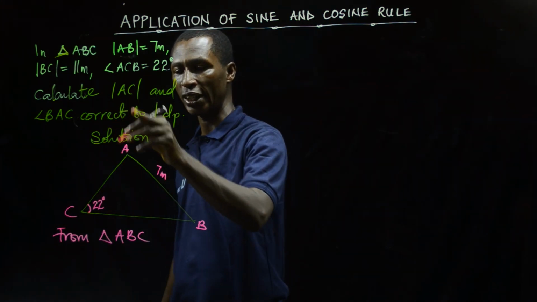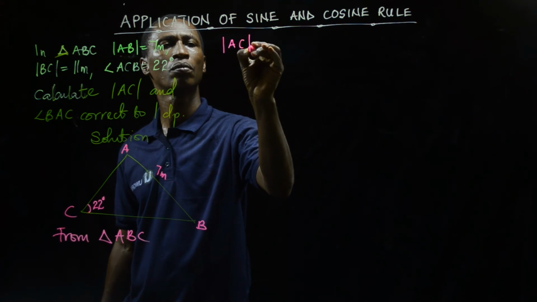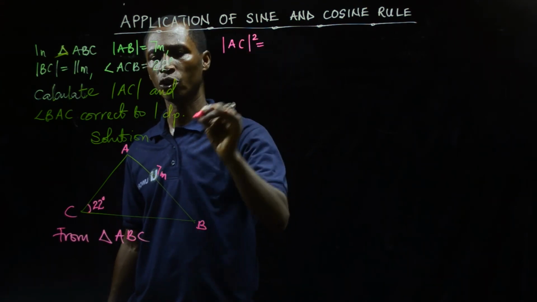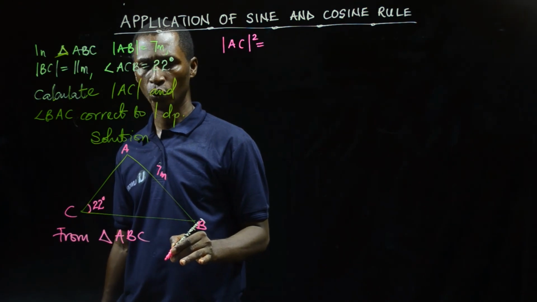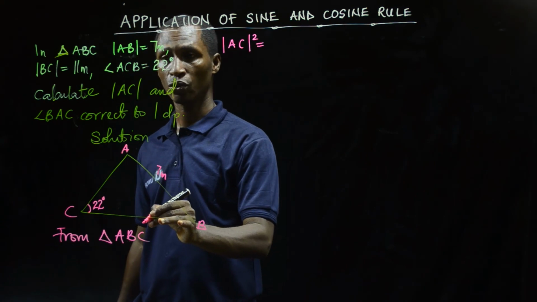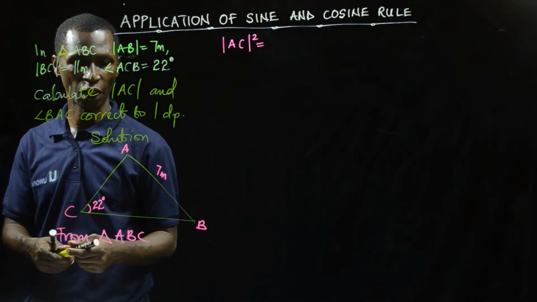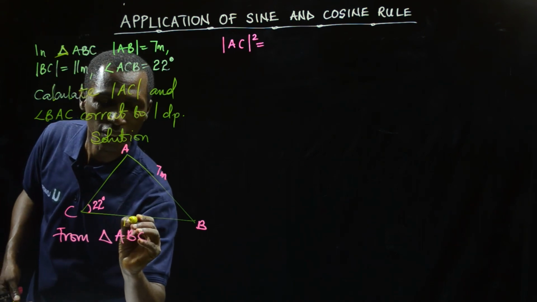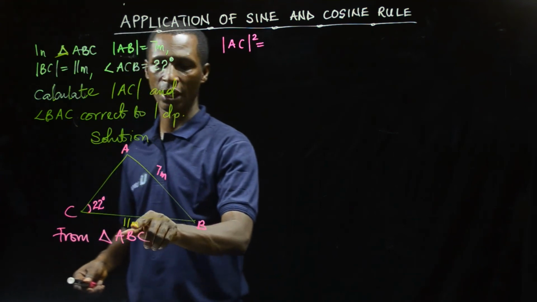We are supposed to look at AC, so AC squared. We have been given BC, which is 11. Let me write it with a different ink so that it does not create confusion. So this is 11 meters.